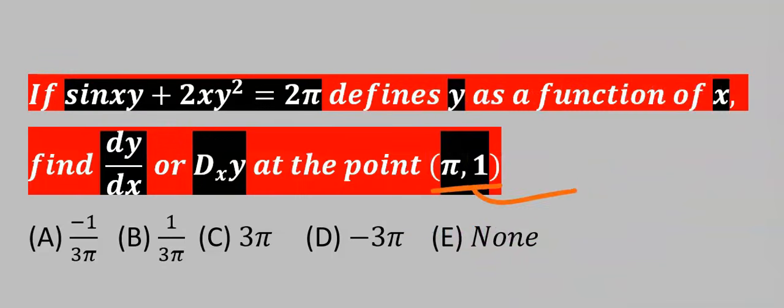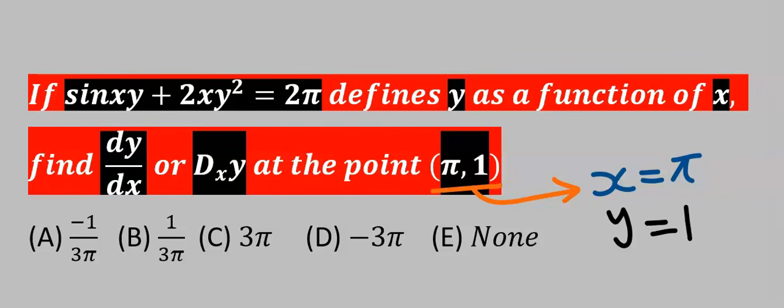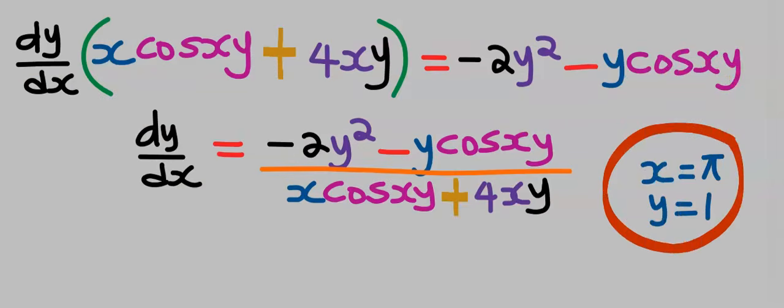Next, we're going to substitute for x equal to pi and y equal to 1 into our dy/dx. Now that we have obtained our dy/dx, wherever I see x, I'm going to put pi, and wherever I see y, I'm going to put 1.